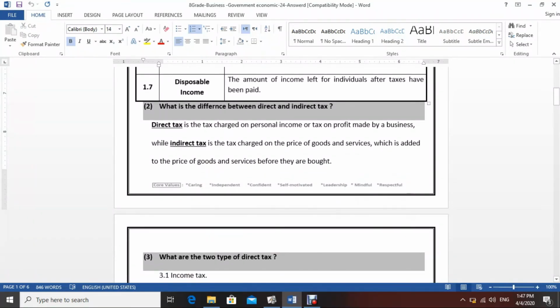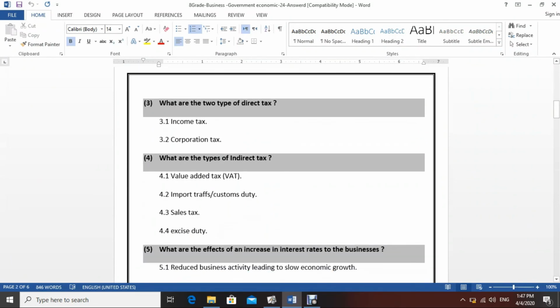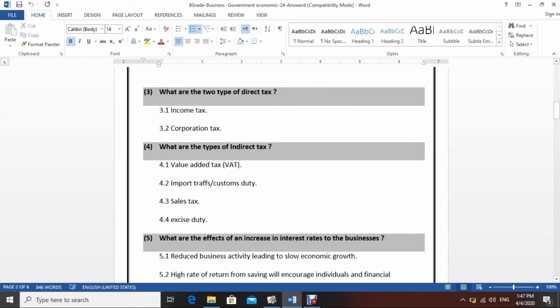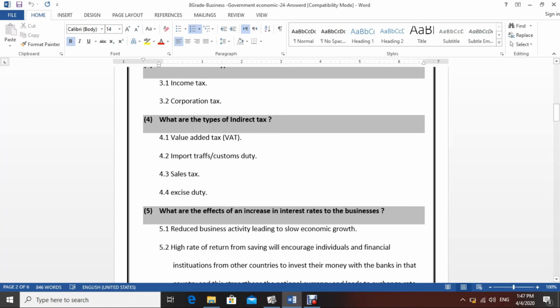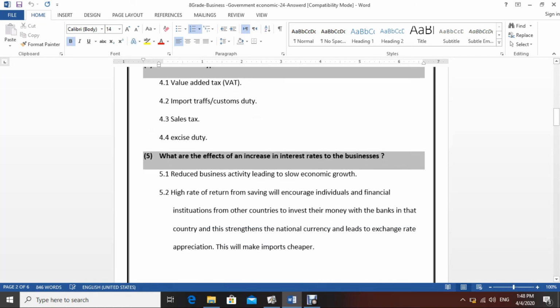Concentrate on the definitions and the difference between direct and indirect tax, and all tax types. What are the main types of direct tax? The income and corporation tax. The types of indirect tax: value added tax, import, sales, excise. All these could come in the assessment, guys.